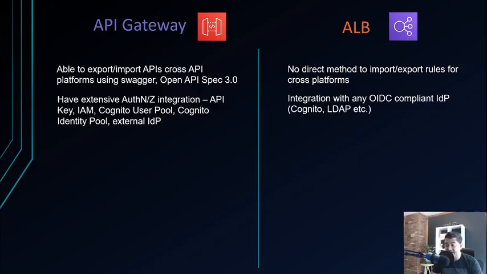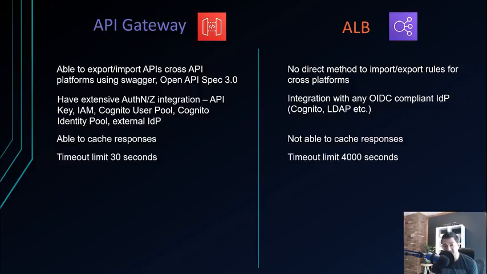ALB integrates with any OIDC compliant identity provider such as Cognito, LDAP, etc. But it doesn't have integration with something like API Key because API Key is an API concept. API Gateway is able to cache the responses. So for a specific method, if you think it is going to return repetitive values, you can cache it. ALB, you are not able to cache any responses.